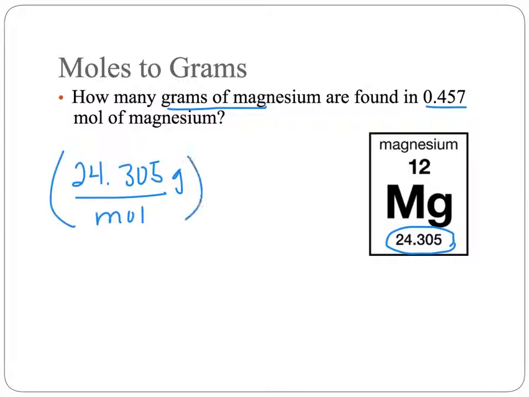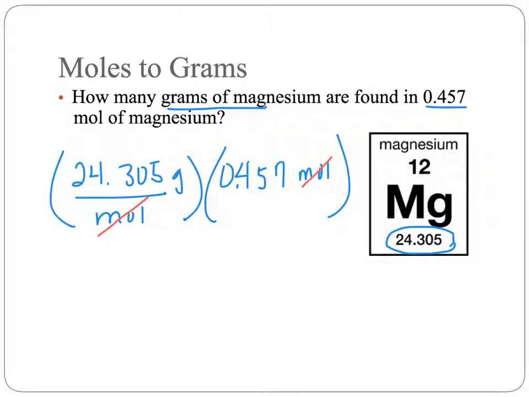And we want to know how many grams there are in the 0.457 moles that we have. Setting up the problem this way, you see we're canceling out our mole units.